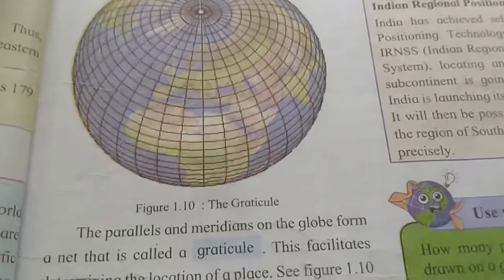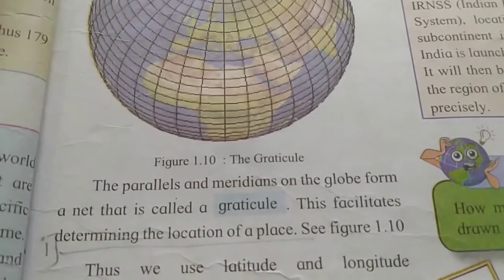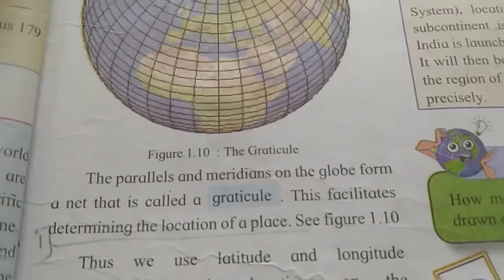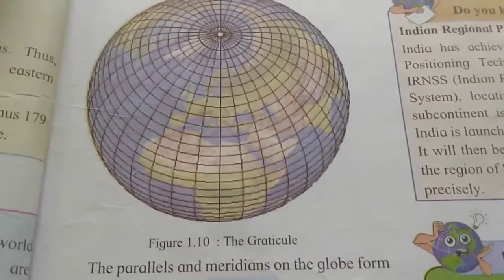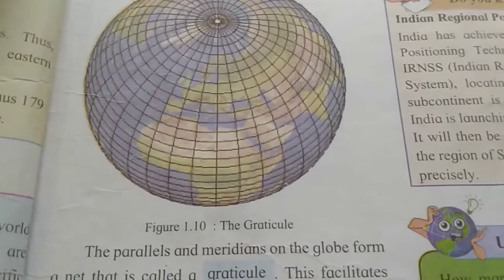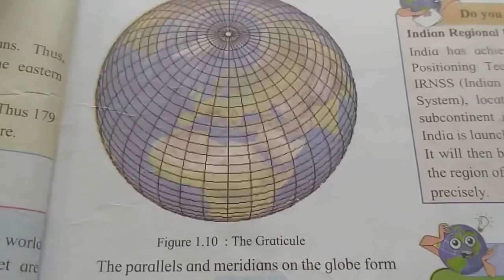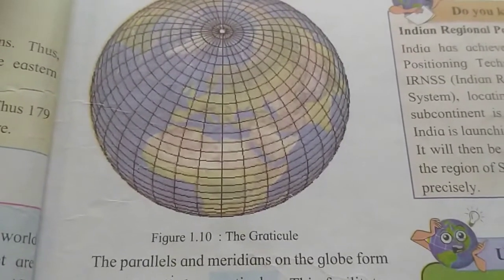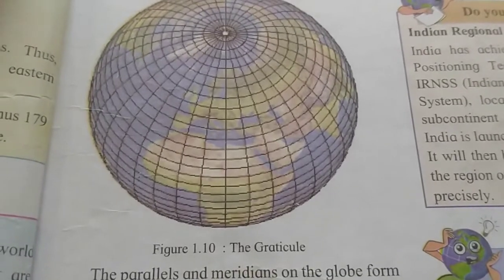This graticule helps to locate a place on the globe. It helps to determine the location of a place. Thus, we use latitude and longitude to determine the location on the earth.